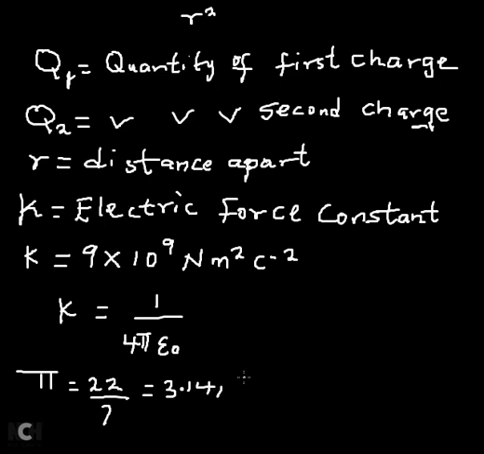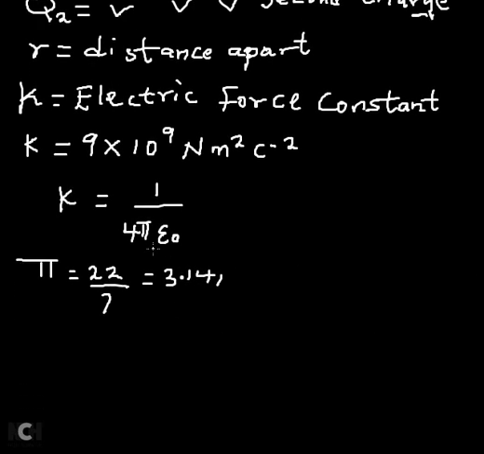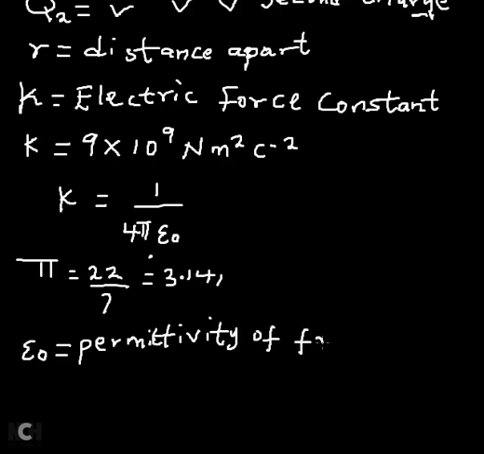Then this particular symbol here, I can use epsilon, but you can use E0. This symbol represents what is known as the permittivity of free space, or you can call it the absolute permittivity.